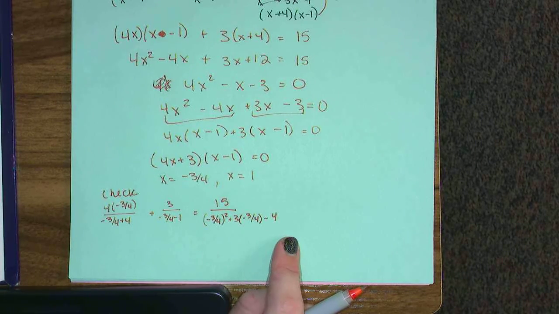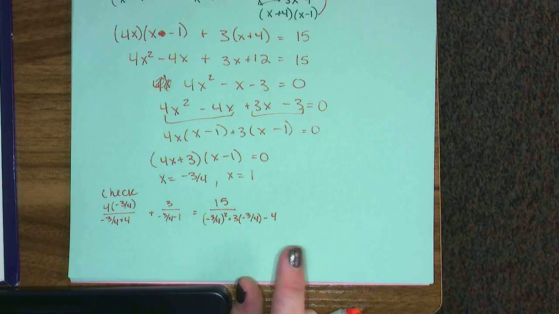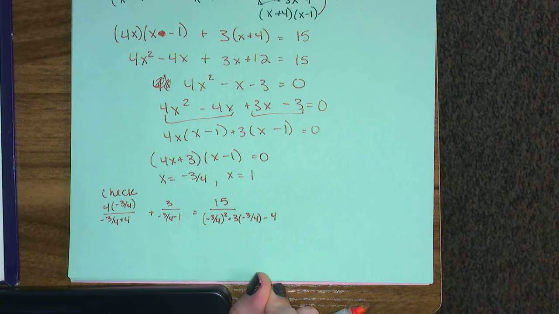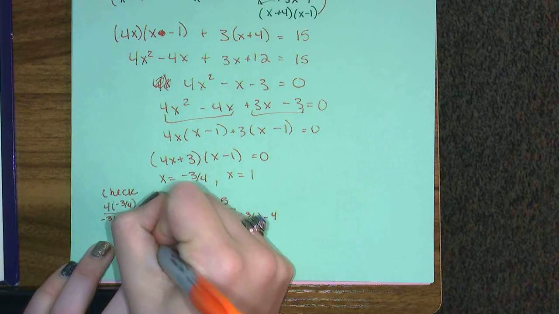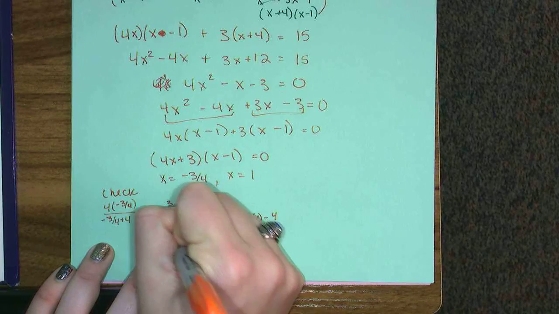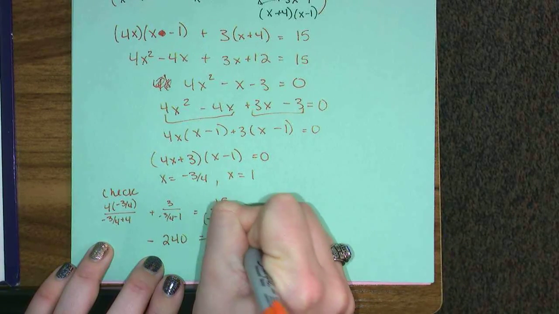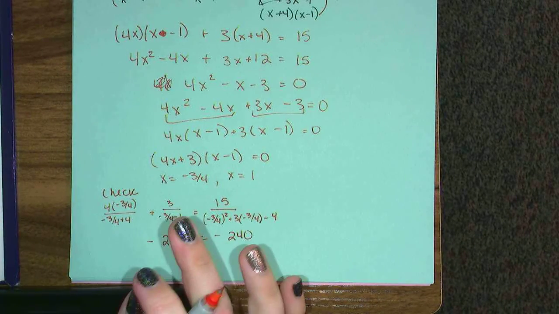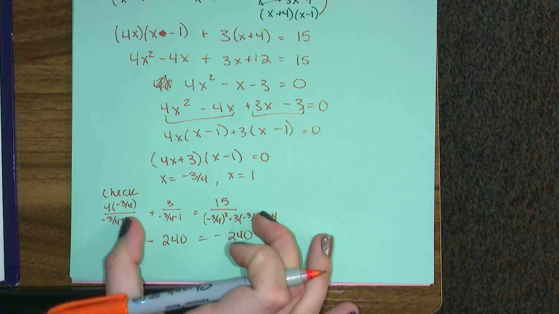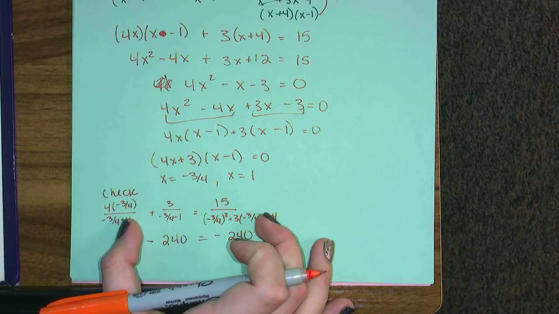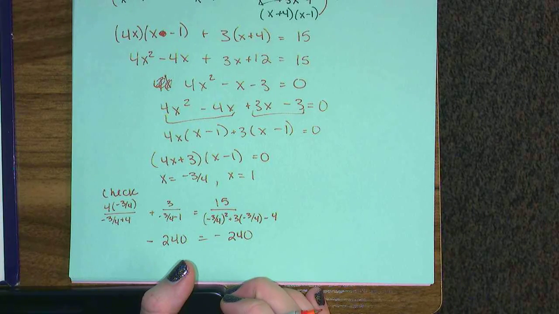If we don't want to work it out, I can just tell you what it comes out to be. This side is going to be negative 240 is equal to negative 240. But like I said, if you wanted to use your calculator to do that, you still need to set it up and show me that you're checking it, but then you can use your calculator to actually solve it if you want, just to save you time.